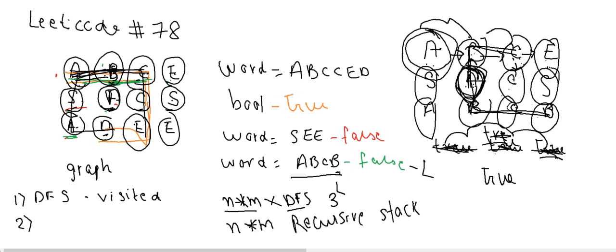Recursive stack trace for DFS, or recursive call stack for DFS, will be of the size, the length of the word, which is L. So that would be our space complexity.